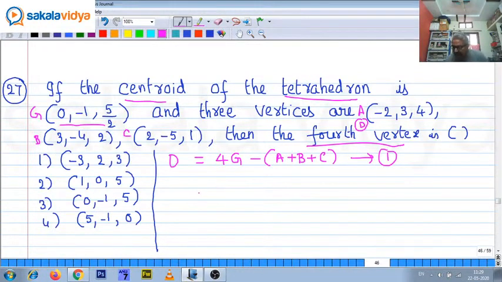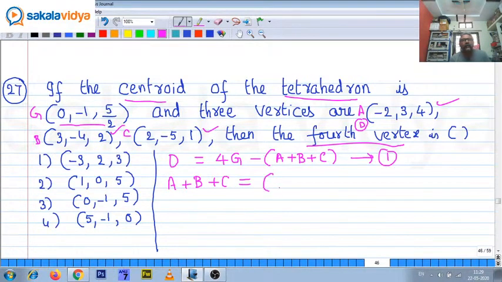Let us first find A plus B plus C, adding all these three vertices: first vertex, second vertex, third vertex.